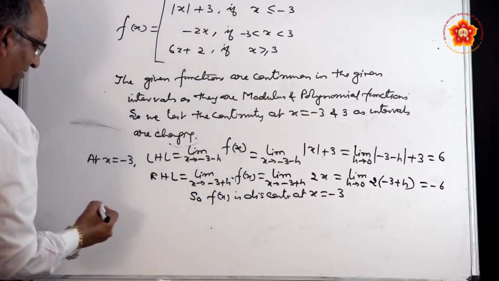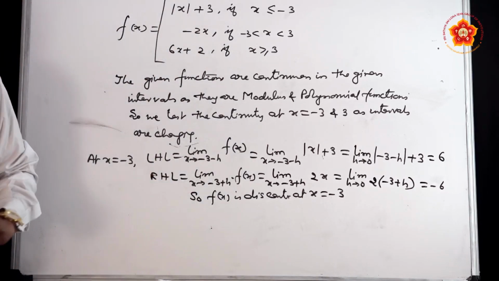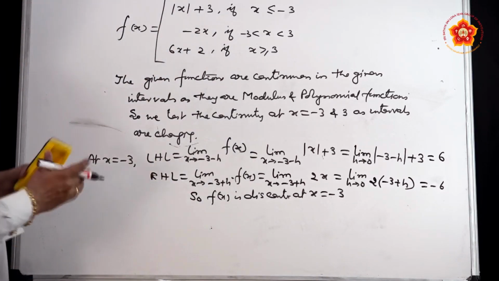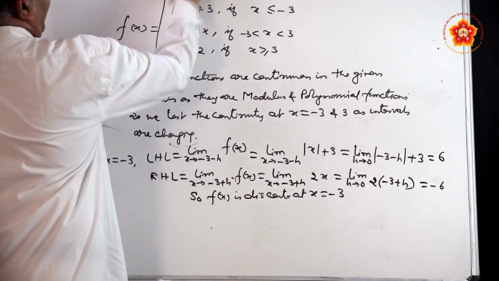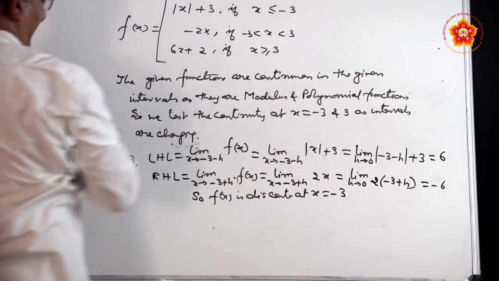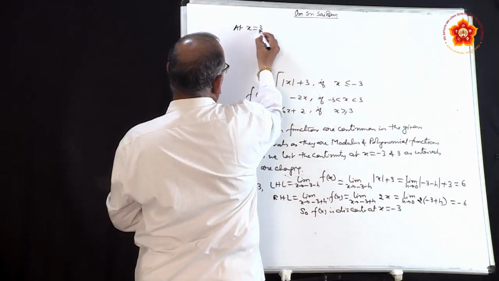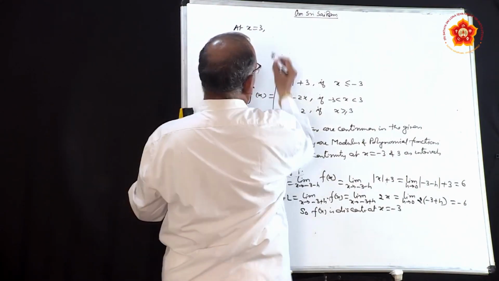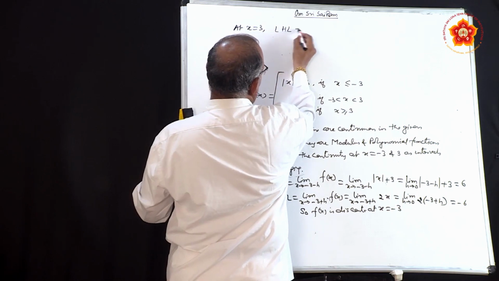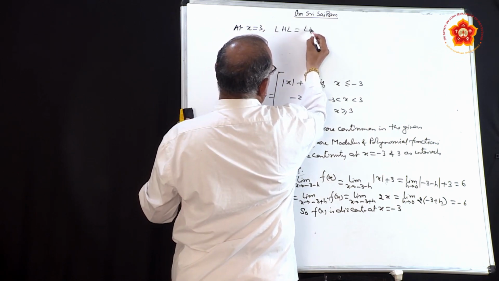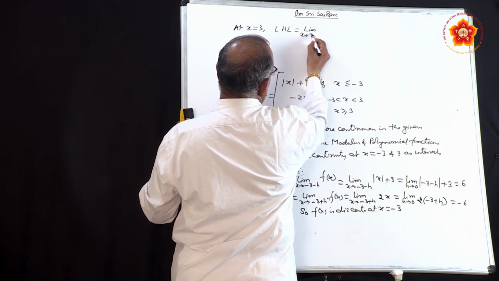Come to x equal to 3. So how do you take the left hand limit? Limit x tending to 3 minus h.